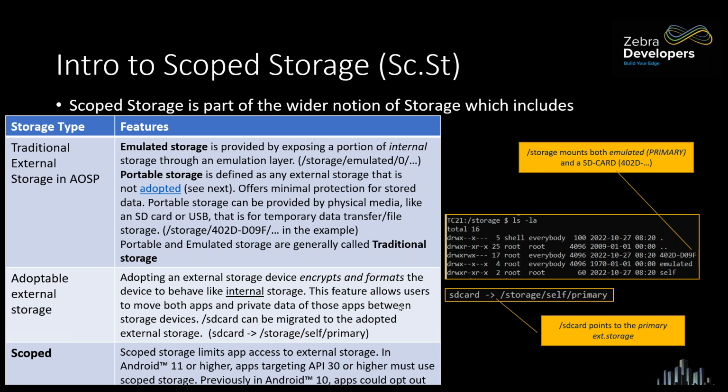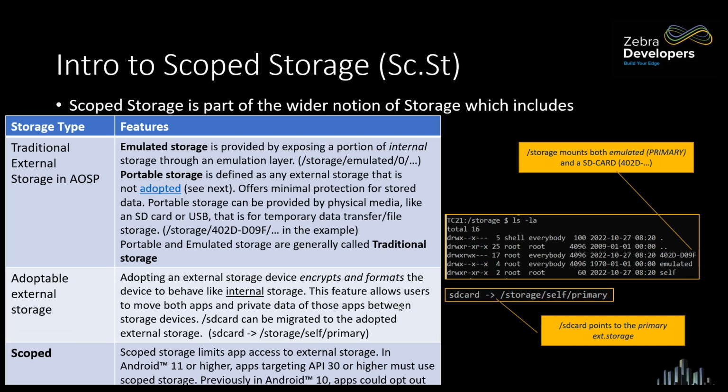In the example that I pasted on the right side of this slide, I have listed what's happening in TC21 devices when I'm looking at the storage types, and you see that there are 3 types. The emulated, the SD card that was inserted, and the self-storage, which points to the primary external storage.